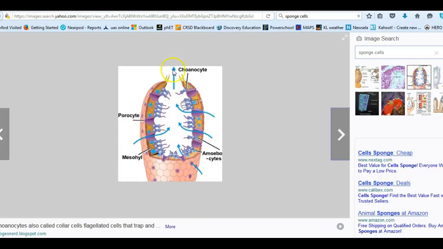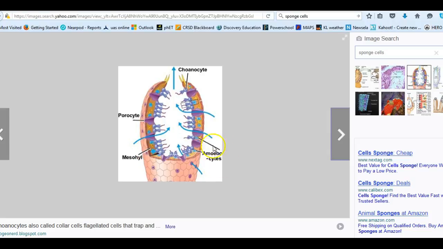Now they're different shapes. This is more like a cylinder type sponge, but you can see they have these different types of cells. One is a porocyte, so that's a cell that's made up of the pore, and the water just flows in through. And you can see these arrows showing how the water is pulled in. And then you have these mesophyll, that's kind of like the general body of the cell.